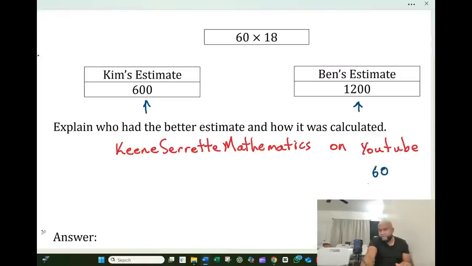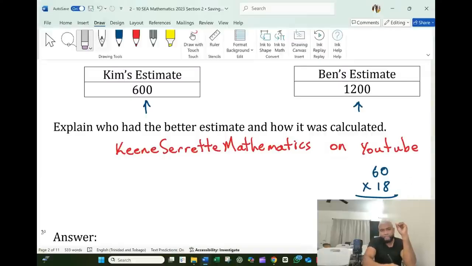60 multiplied by 18. 0 by 8 is 0. 6 by 8 would give me 48. Put the 0 in the ones position, and after the 0, 48. So this will be 480.